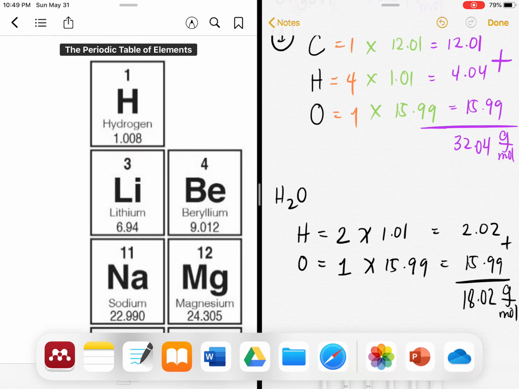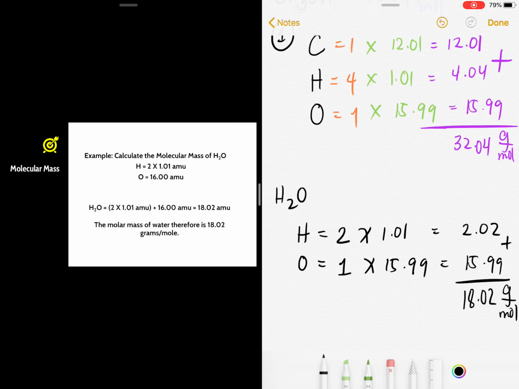Try to practice on getting the molecular weights, no? Hindi ko na i-discuss yung nandito sa ating periodic table. Kung papansinin nyo dito, 16.00 yung value ni oxygen, kasi this is something to do with another concept in chemistry, no? But to make things easier for you, bibigyan na lang namin kayo ng copy ng periodic table.